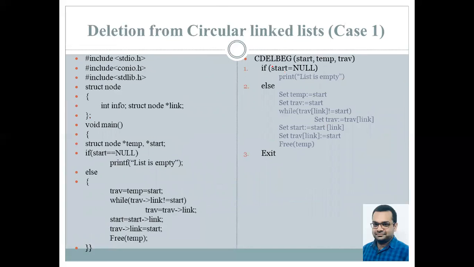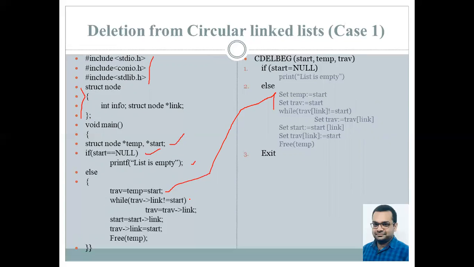Now this is the C program for performing this execution. These are the header files. This is the structure declaration. We have our pointers declaration. Now we check if start equals null, that is, if the list is empty. If this is not the case, then we assign temp and traversal the value of the start.